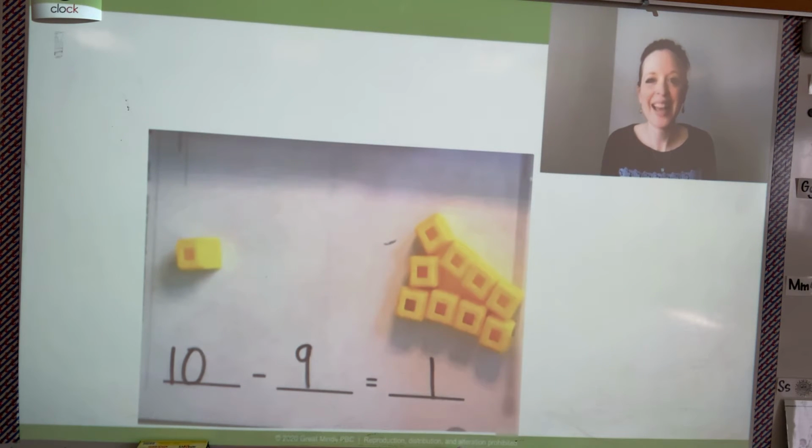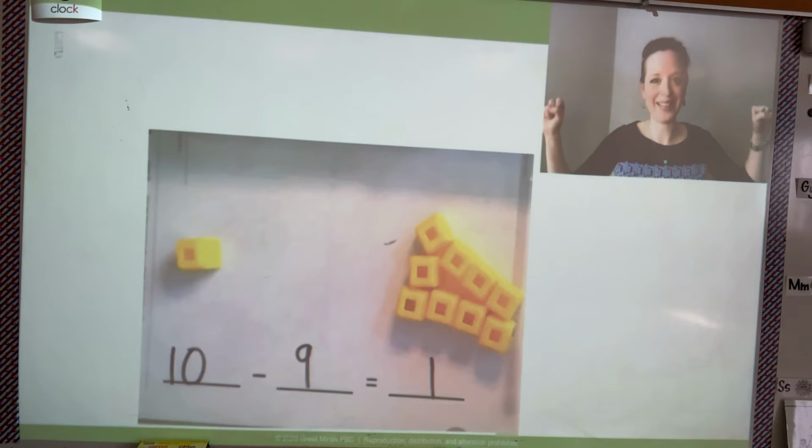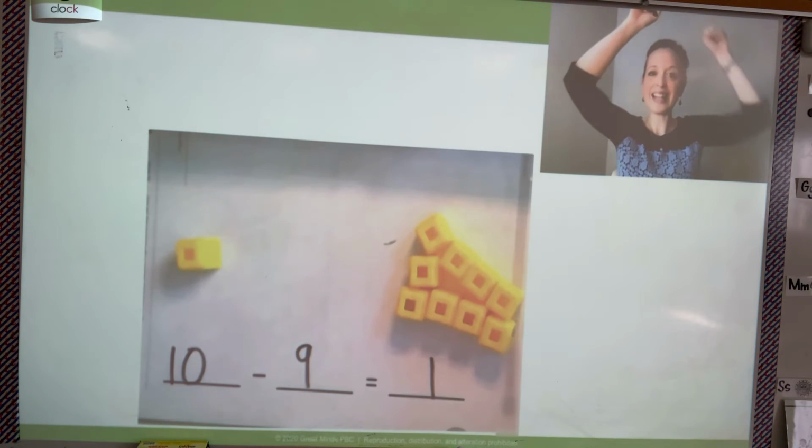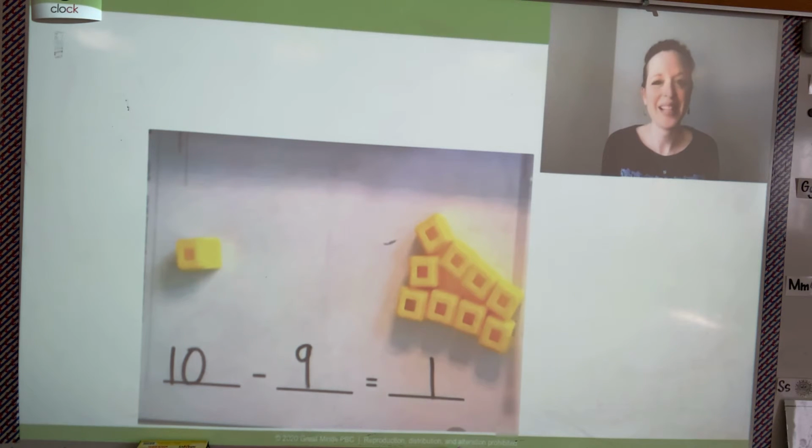Let's say it like that all together. Ready? Go. 10 minus 9 equals 1. 10 minus 9 equals 1. 10, 9, 1. Whole, part, part. Great job, friends.